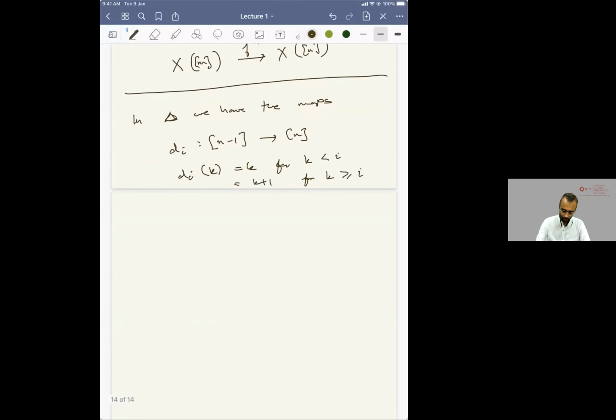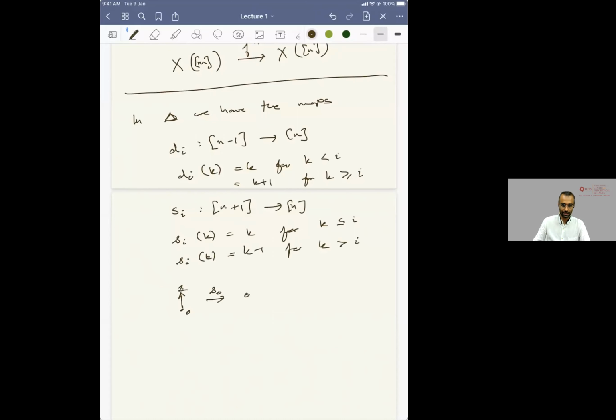And you also have maps si. So these are injective maps. I also have surjections si mapping n plus 1 to n, with si of k equal to k for k less than or equal to i, and si of k equal to k minus 1 for k bigger than i. So for example, from 0, 1 you have a map s0 to 0, which just sends everything to 0.